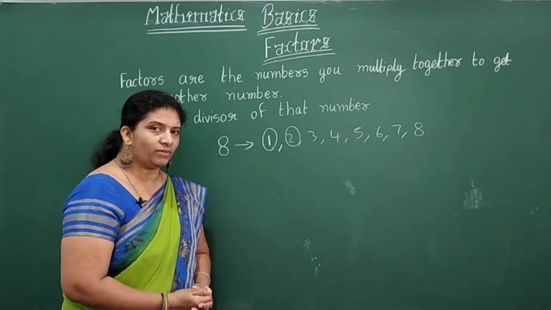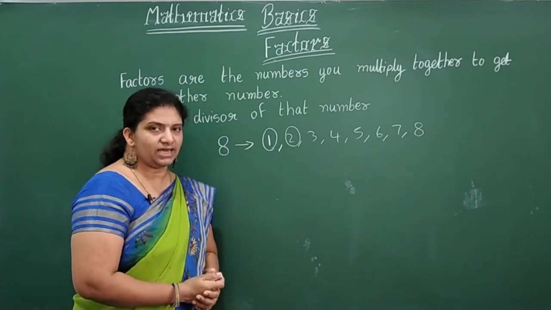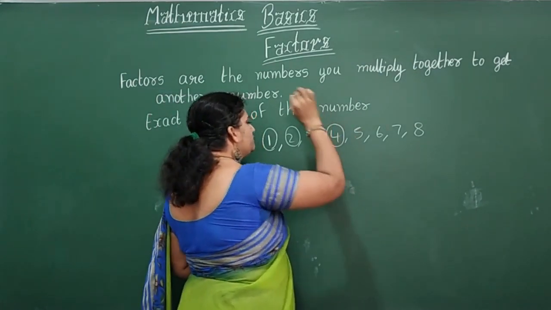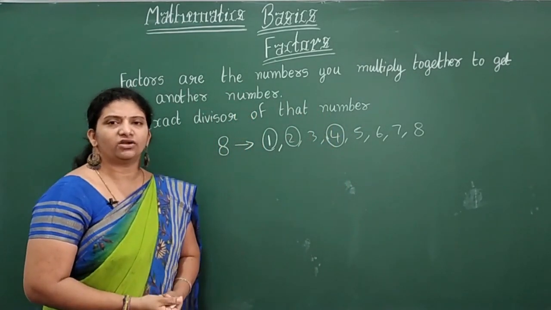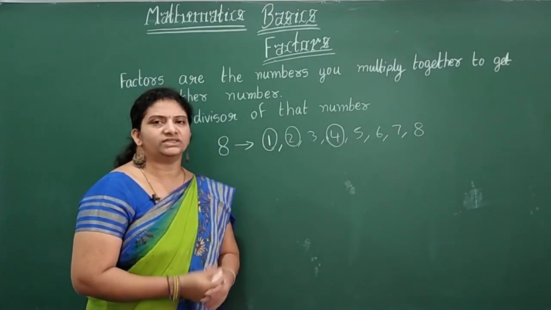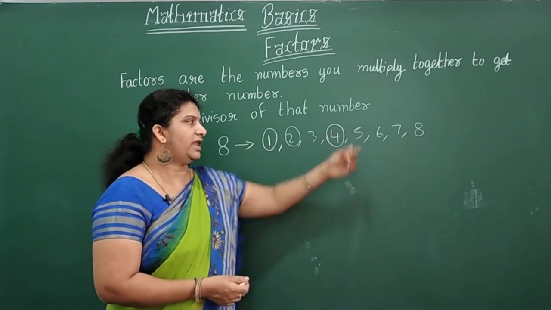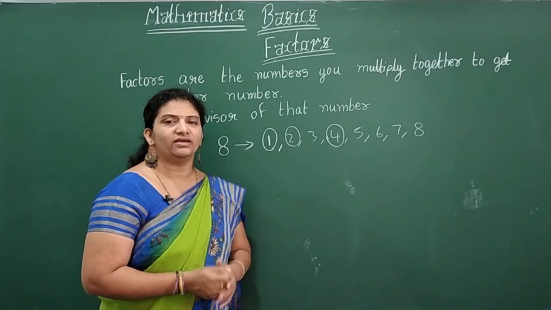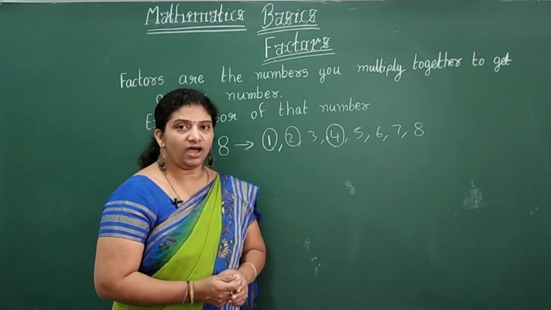In the 4 table, have you come across 8? Yes, 4 2s are 8. So circle it. This is a factor of 8. And next, the 5 table. No, we won't see any 8 in that table. Next, 6. No. 7. No. 8. Yes, 8 1s are 8.